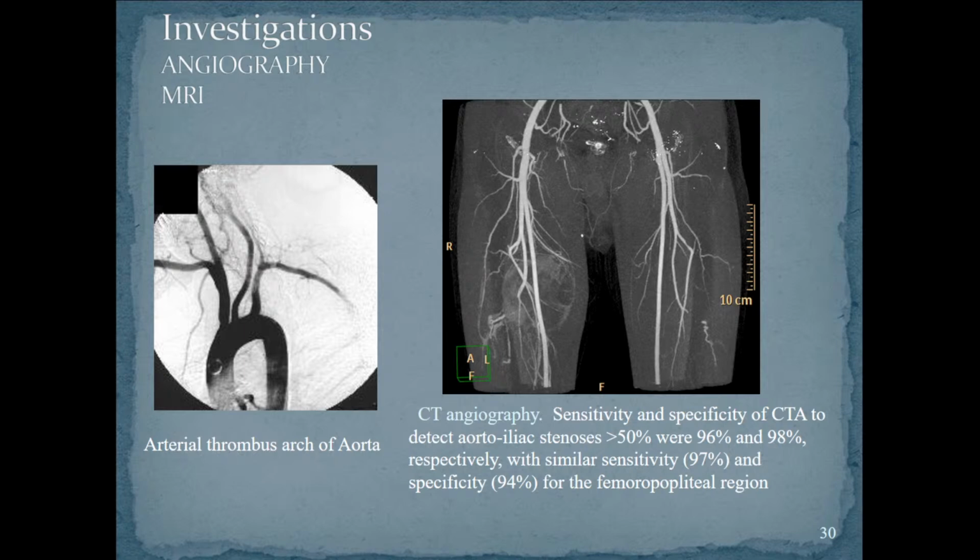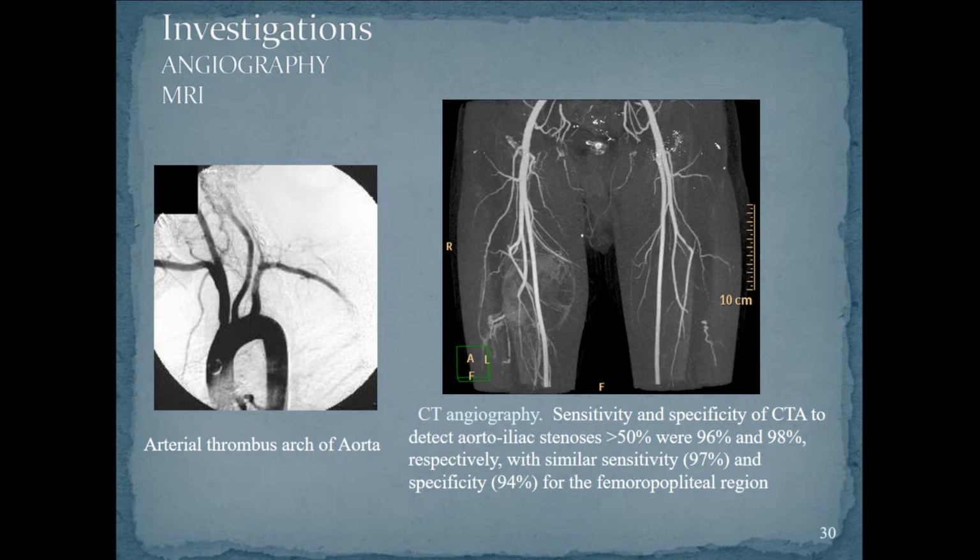Angiography and MRI. On the left picture you see the arterial thrombosis of aorta, arterial thrombosis. And on the right side you see the CT angiography.